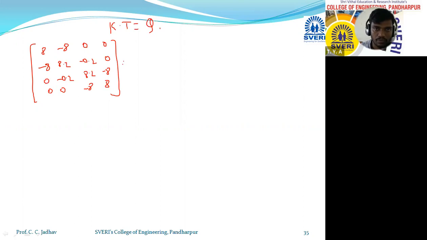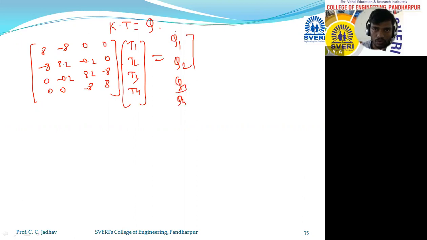So this is your K. Temperature T1, T2, T3, T4 is equal to Q1, Q2, Q3, Q4. This is your equation. What was given to you? T1 value is given as 150, T4 is given as 30 degrees.